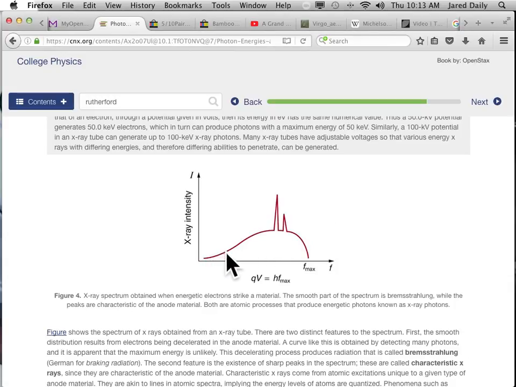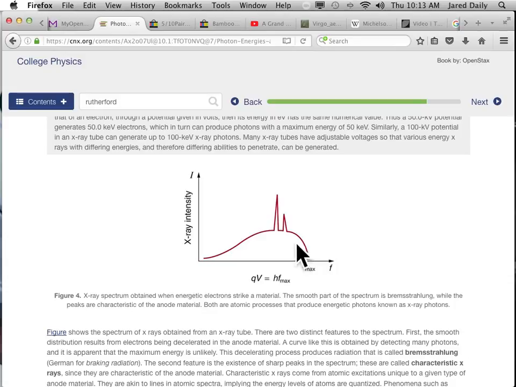You're going to have this kind of curve down here, which they call the Bremsstrahlung, which literally means braking radiation in German. Those are X-rays that are created as the electrons slow down and come to a stop in the metal.